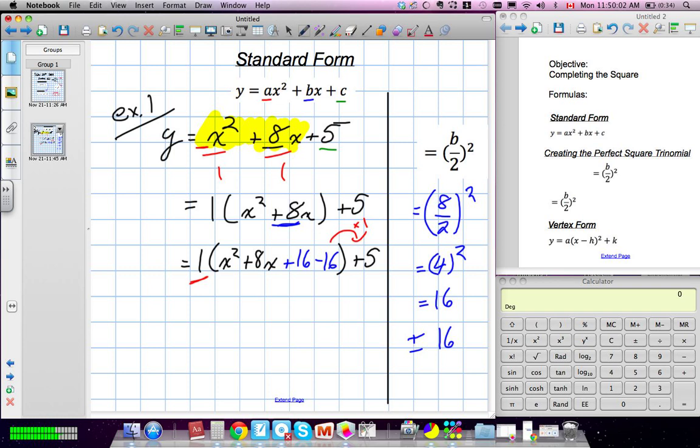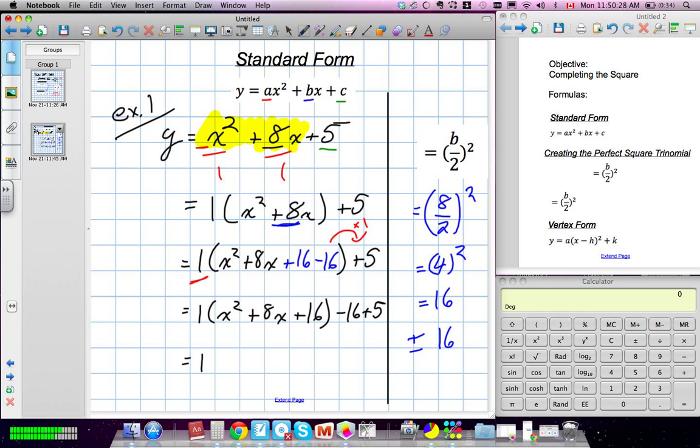Is it going to change negative 16 when it comes outside those brackets? No. So when I bring the negative 16 out, I have 1 times x squared plus 8x plus 16. Negative 16 times 1 is negative 16, so negative 16 plus 5. I'm going to quickly just collect like terms outside of the brackets.